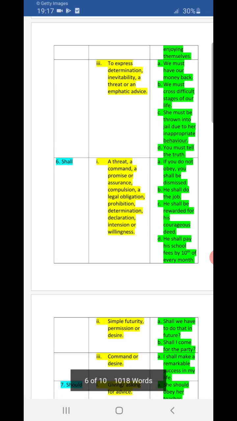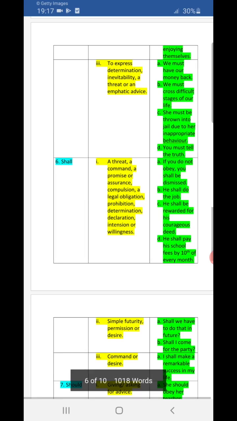Next one. Number D. He shall pay his school fees by 10th of every month.